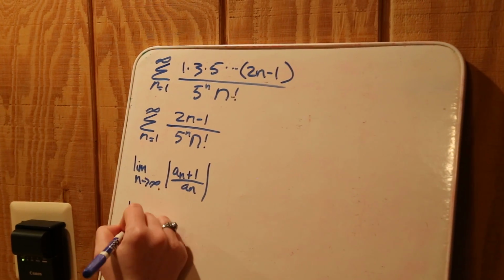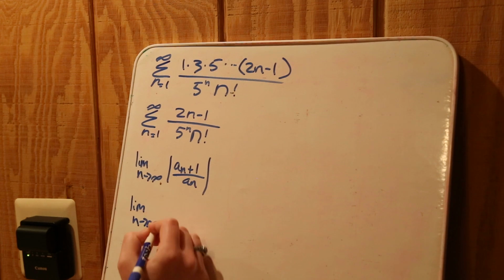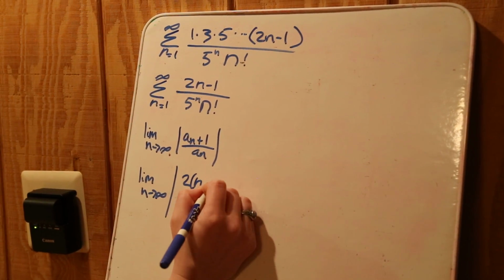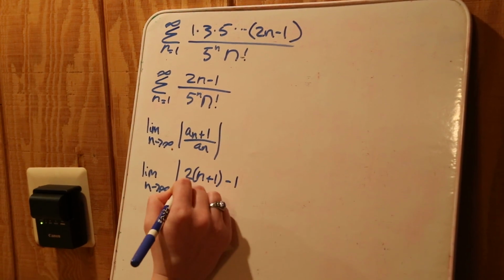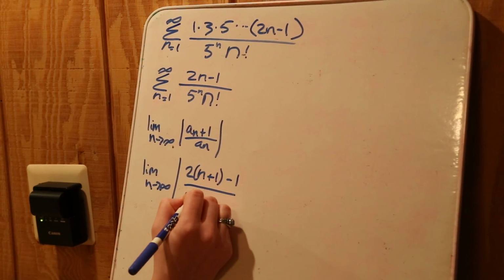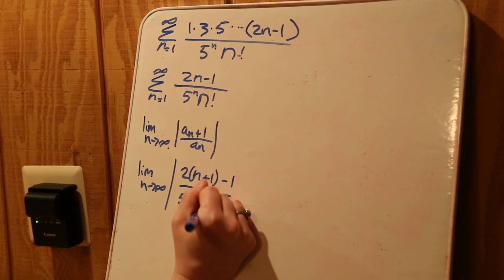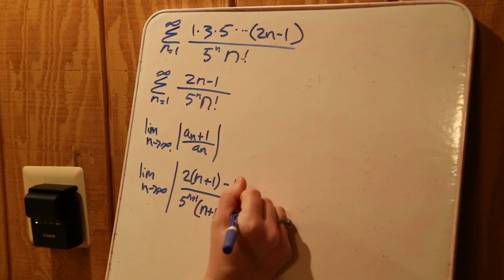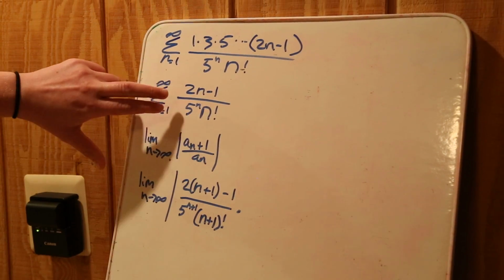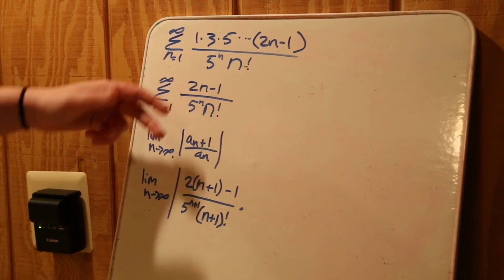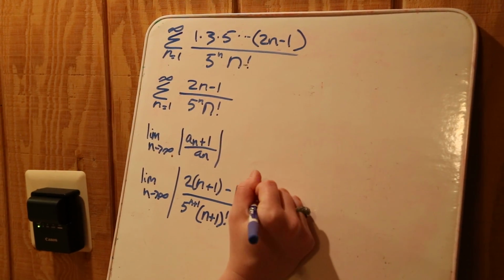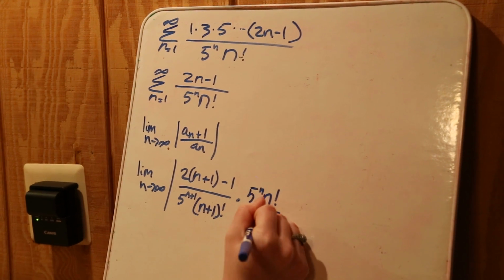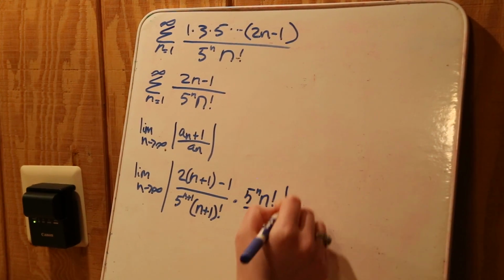The limit as n approaches infinity of the absolute value of (2(n+1) − 1) over 5^(n+1) times (n+1) factorial, multiplied. Then we're multiplying by the reciprocal of this because we're dividing. So it's going to be 5^n times n factorial all over (2n − 1).